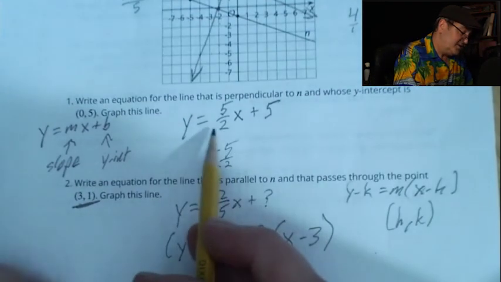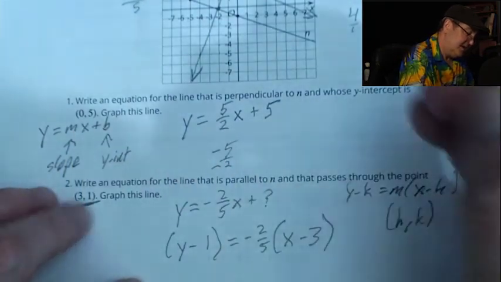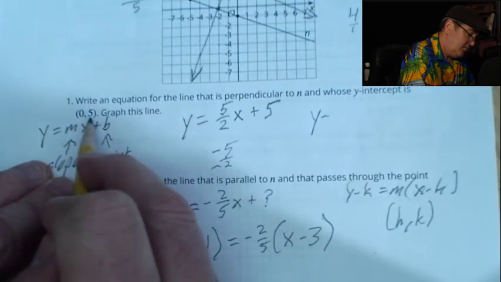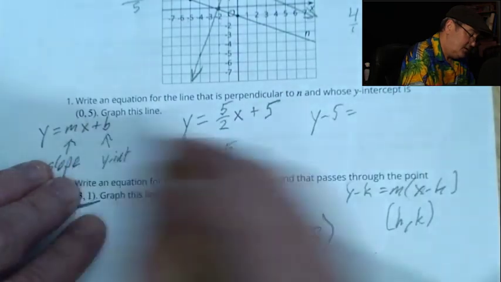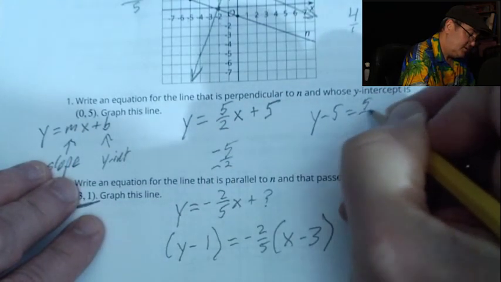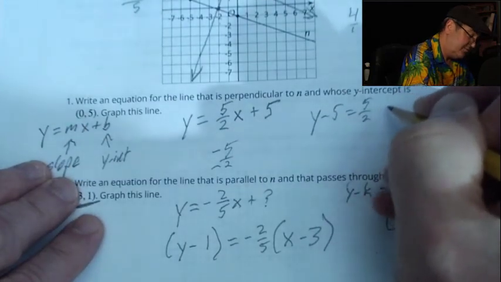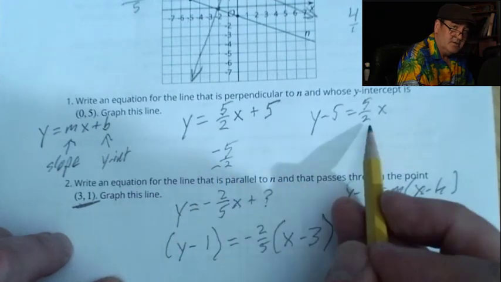We could have also done the same thing on this with (0, 5). This is the mx plus b. If we wanted to do y minus 5 equals 5 halves, and this is x minus 0, so we don't need to put it in parentheses, we just put x. You see how those look very similar?